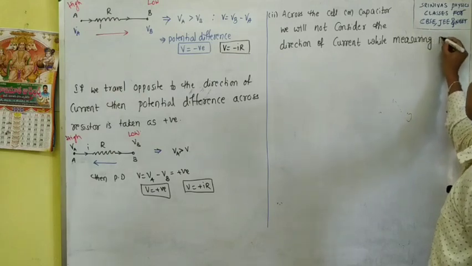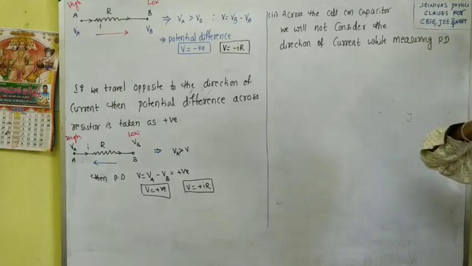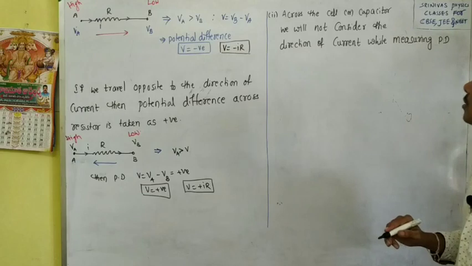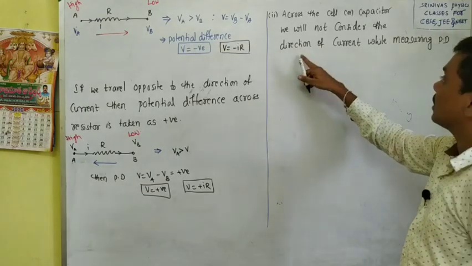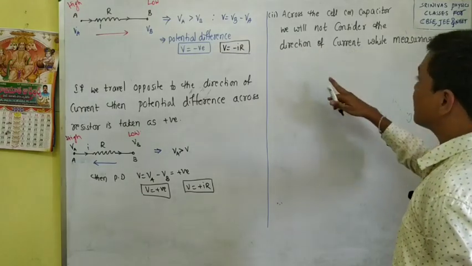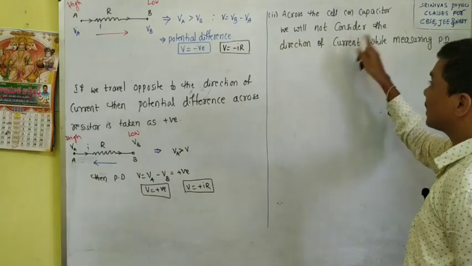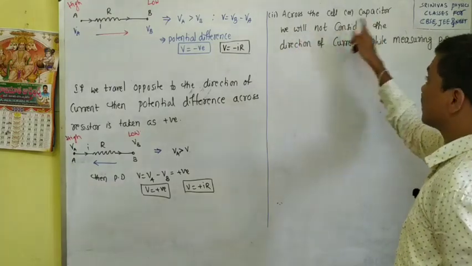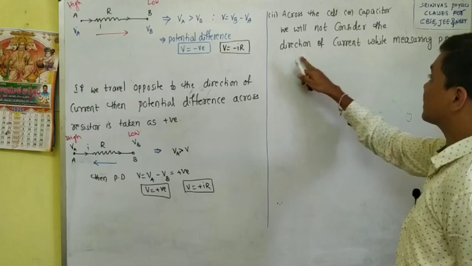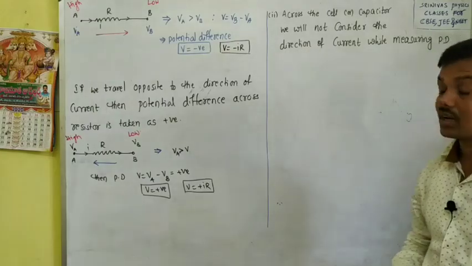Remember that? Across the cell or capacitor, if you want to find out the potential difference, at that moment we cannot consider the direction of current. We will not consider the direction of current while measuring potential difference.